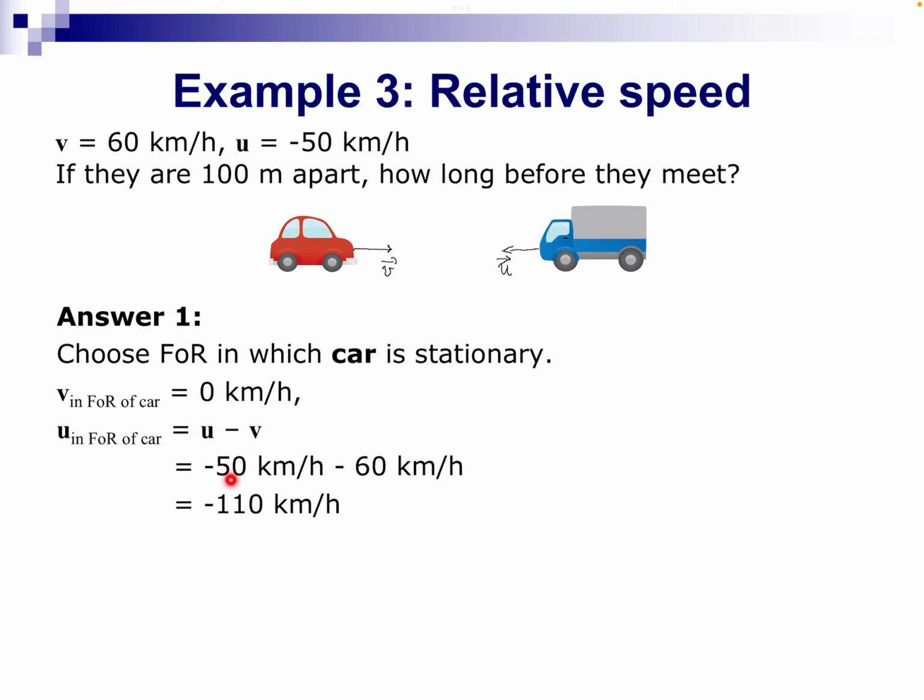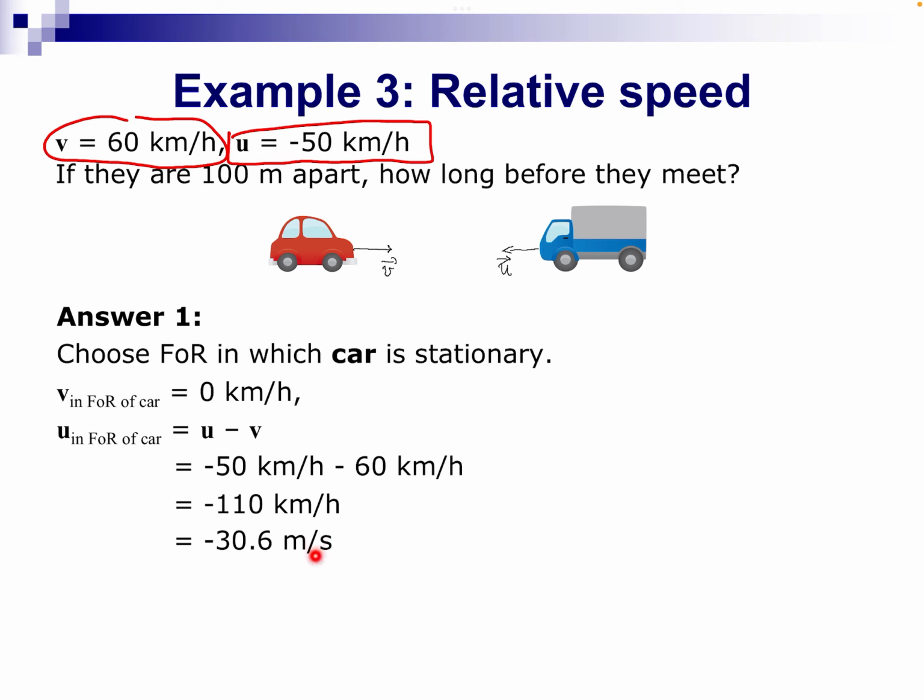So the truck's velocity is negative 50 kilometers per hour, take away the velocity of the car, 60 kilometers per hour, which gives you a velocity of negative 110 kilometers per hour in the frame of reference of the car.